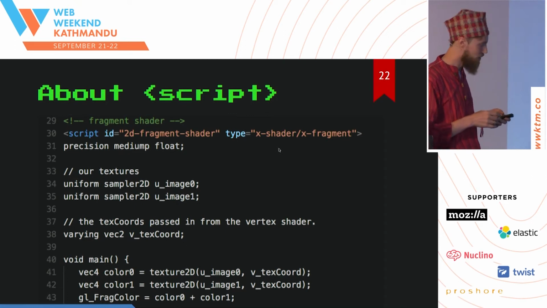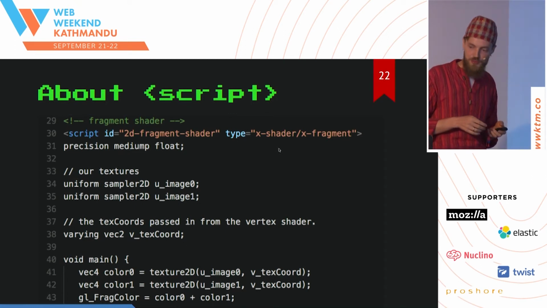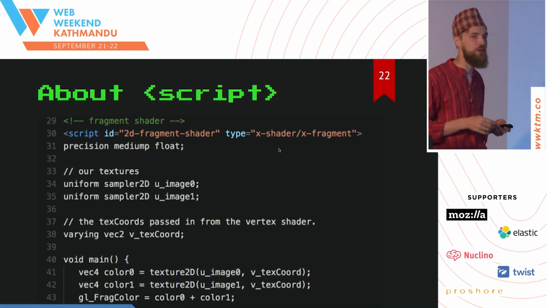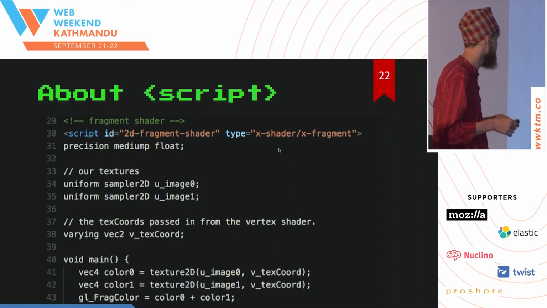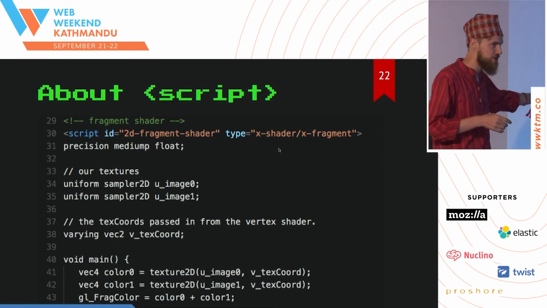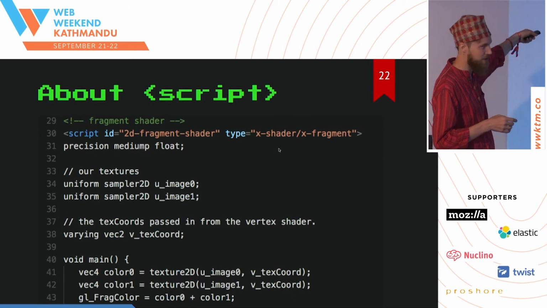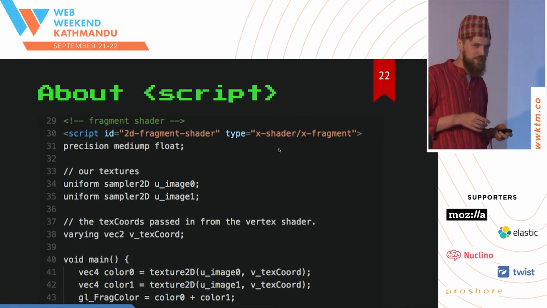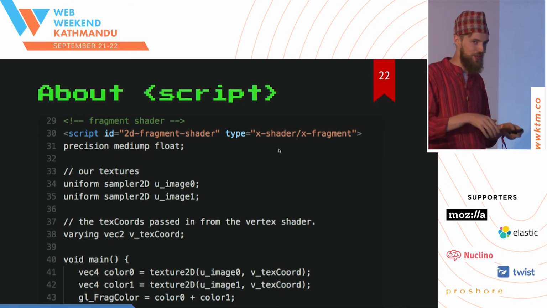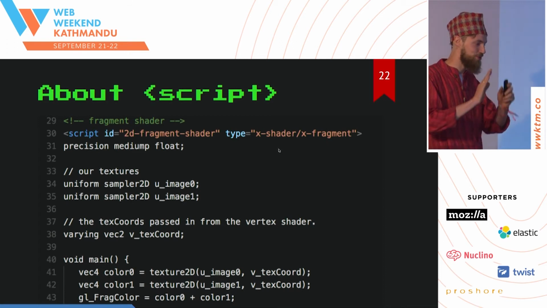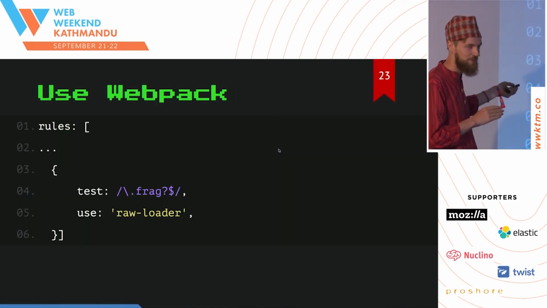And something about script text, because on WebGL-fundamentals.org you can find a lot of examples with script text shaders. This is shader code passed in script text in HTML. But in the current year, it's already not modern. Don't use that approach. Use Webpack.